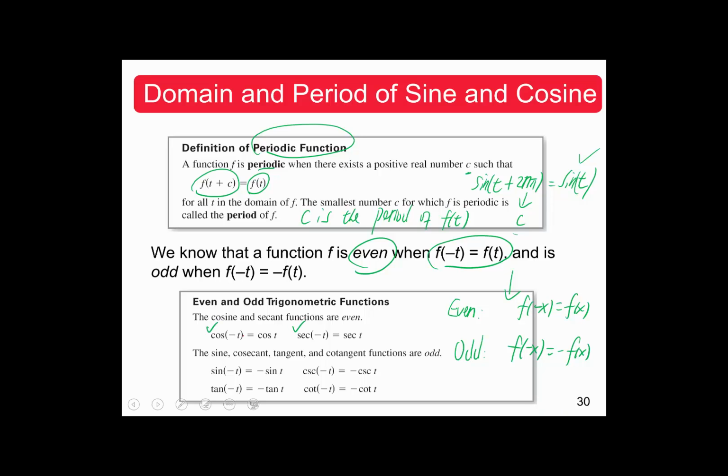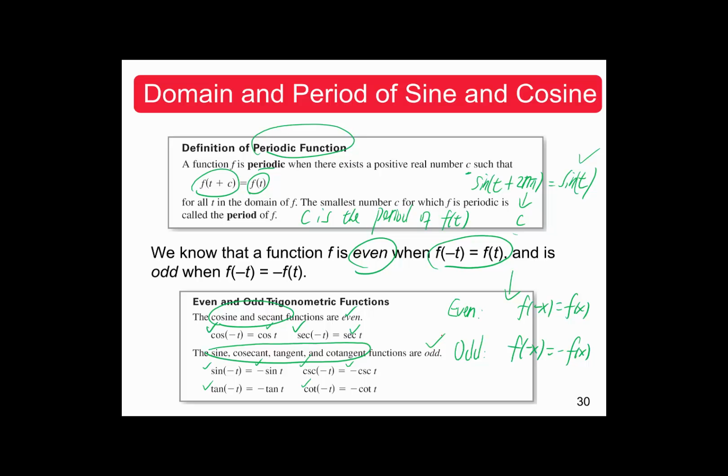Cosine is even, cosine of negative t equals cosine t. And secant is even, because cosine is even. The rest of them are all odd functions. So sine of negative t equals negative sine t, cosecant of negative t equals negative cosecant t, tangent of negative t equals negative tangent t, cotangent of negative t equals negative cotangent t. It's just cosine and secant that are even. Remember that, and the rest of them will be odd.